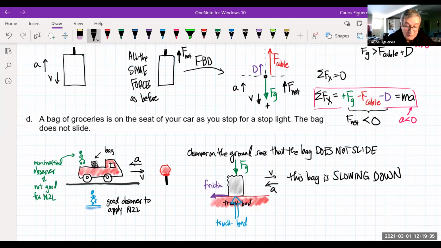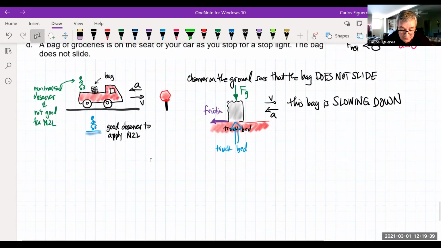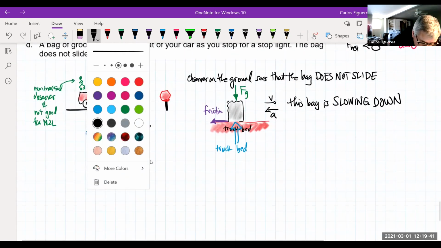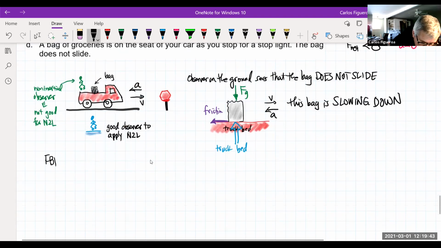So now let's go draw the free body diagram. My free body diagram is a mathematical picture. There's a point, and because the normal of the bed and the force of gravity are equal and opposite, their forces must be balanced out.